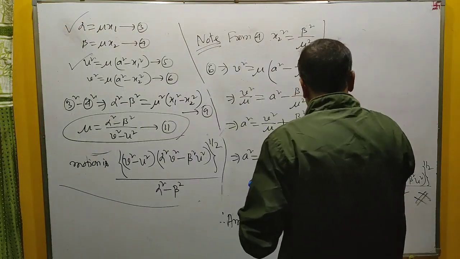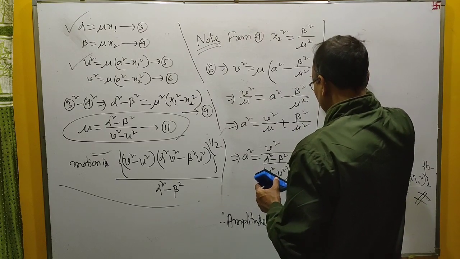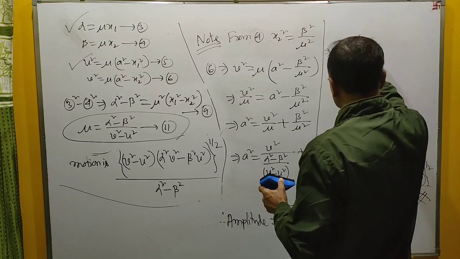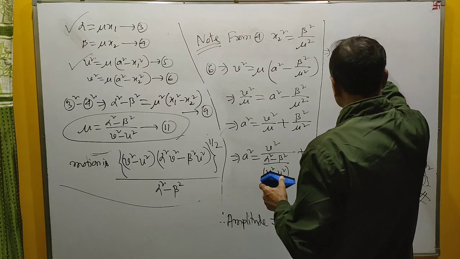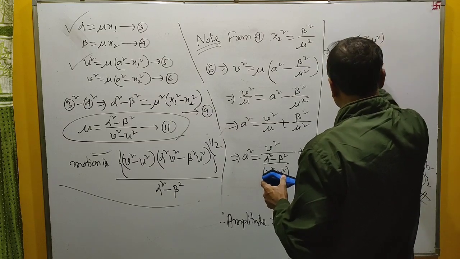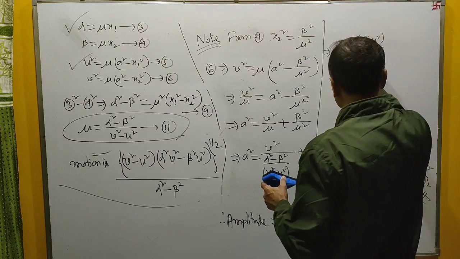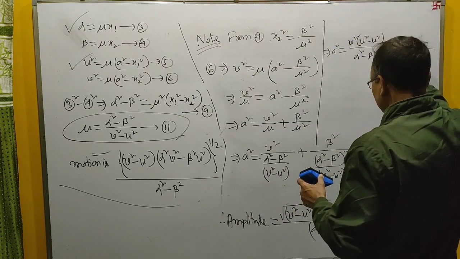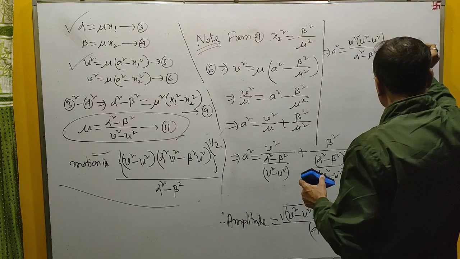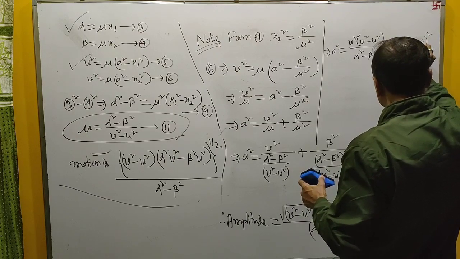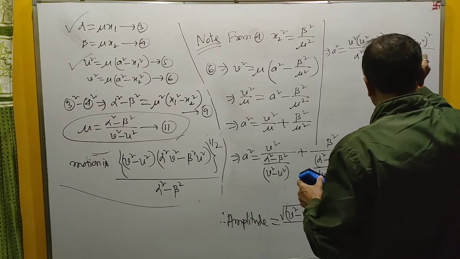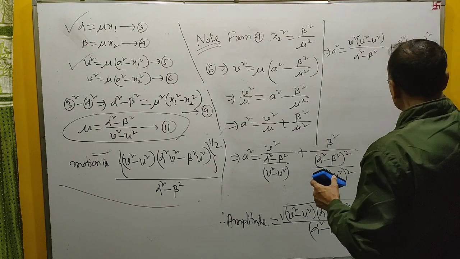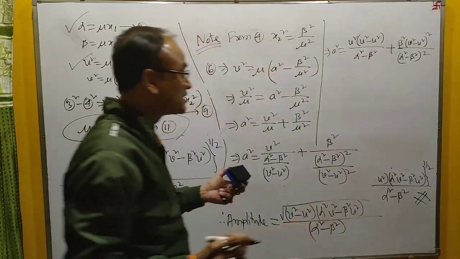Now, this means a square equal to v square into v square minus u square divided by alpha square minus beta square, plus beta square into v square minus u square whole square divided by alpha square minus beta square whole square.